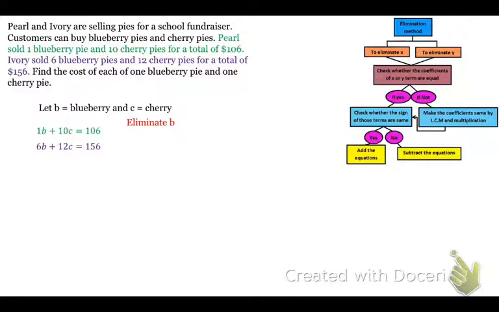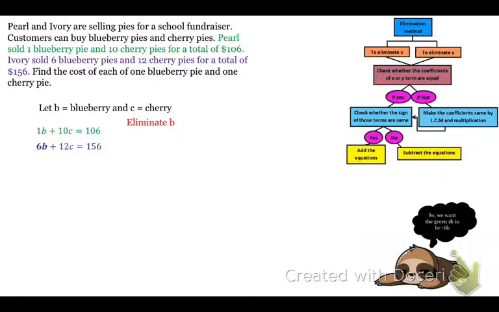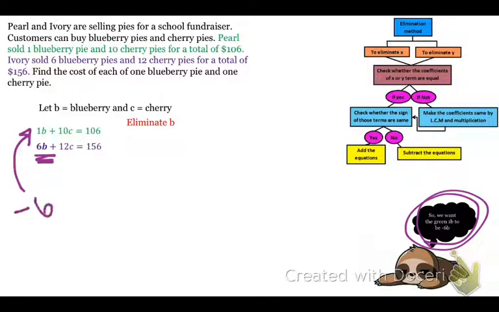Since we have that 1B right here, I think it's going to be a little bit easier to get rid of those B's. Okay. So I am going to multiply, since this right here is 6B, we want the top equation to be negative 6B. Because then we can just add those together and they're going to cancel out.